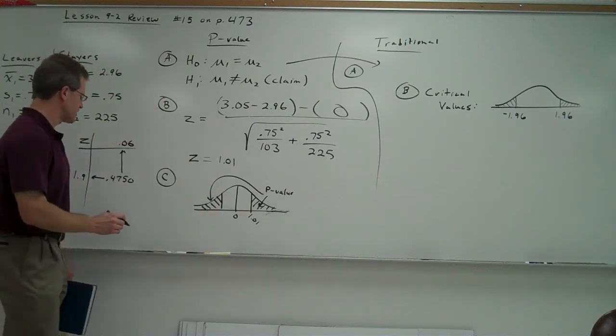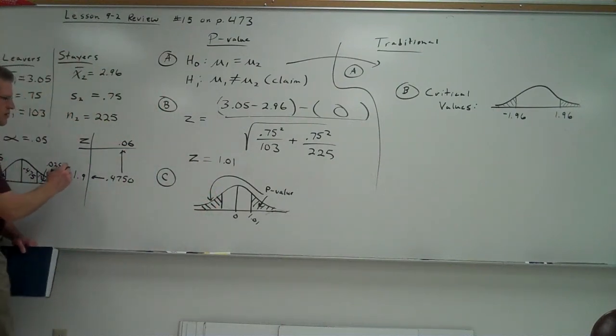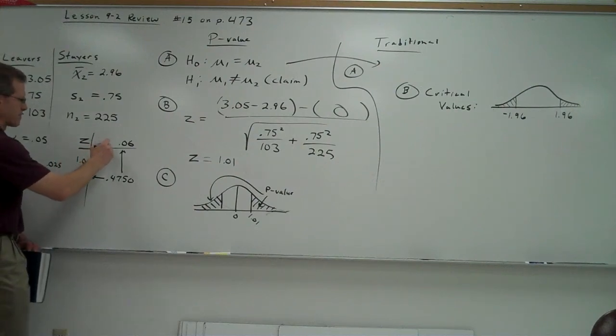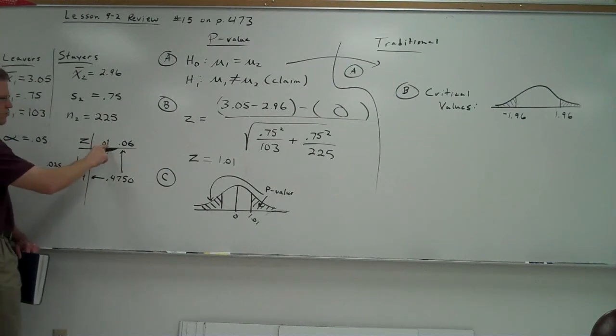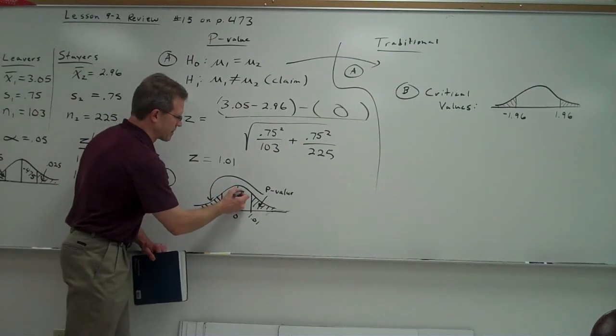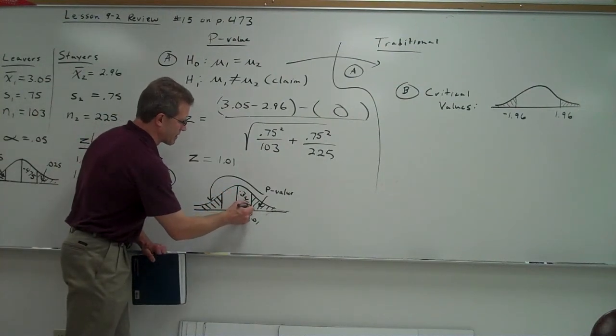So go to your z-chart. This time, look up 1.01. So go to 1.0 on the left side, go to 0.01 on the top. What number does that give you right there? 0.3438. Okay.